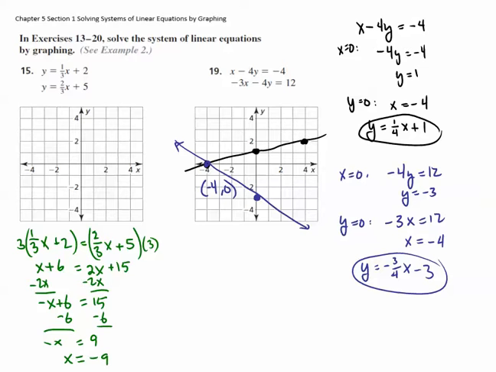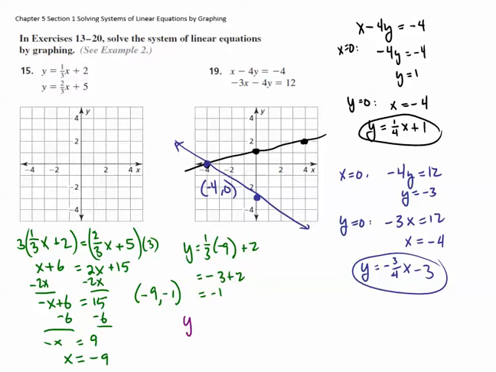Remember what we do then. We take that negative 9 and plug it into either equation. Let's use the first. We get y is equal to 1/3 times negative 9 plus 2. 1/3 times negative 9 is going to give me a negative 3 plus 2, which is a negative 1. That gives me the point x is negative 9, y is negative 1, and you can see why that wouldn't fit onto our graph. Then we check by plugging both of those into the second equation.